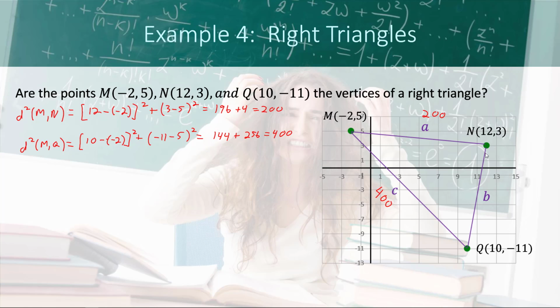So if the square of this distance is 200, then it's a right triangle. If it is not, then it's not a right triangle. So let's figure that out. D squared, the square of the distance between N and Q, is going to be 10 minus 12, the entire thing squared, plus negative 11 minus 3.